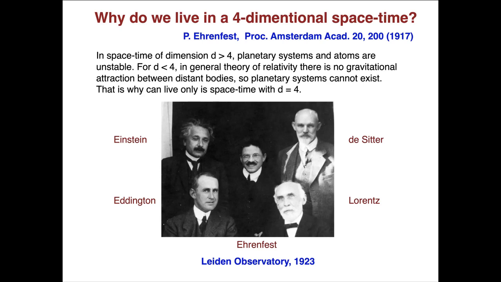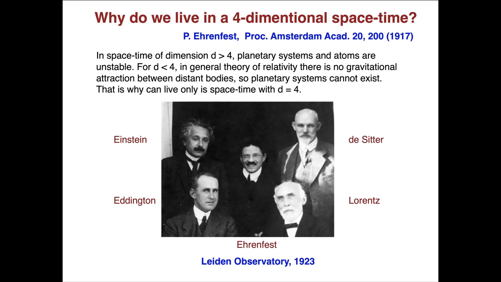He wrote a paper saying that in space-time of dimension d greater than 4, planetary systems and atoms are unstable. At dimension larger than 4, the Coulomb interaction decreases like 1 divided by r cubed or r to the 4, whatever. With these types of interactions, planetary systems become unstable, atoms become unstable, so we cannot live in spaces with d greater than 4.